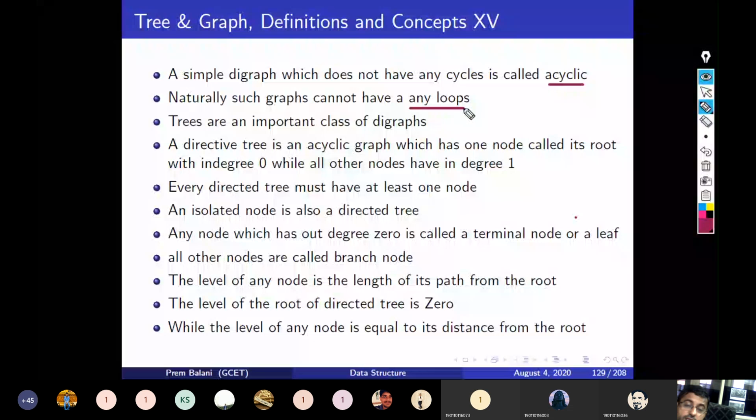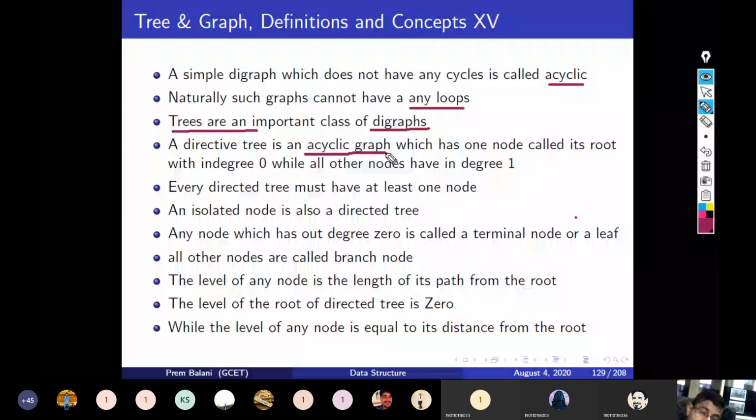And such graphs are also called trees. So trees are an important class of digraphs where there are no cycles, right? So trees can also be called acyclic digraphs, right? Actually, acyclic digraph is a more suitable terminology.